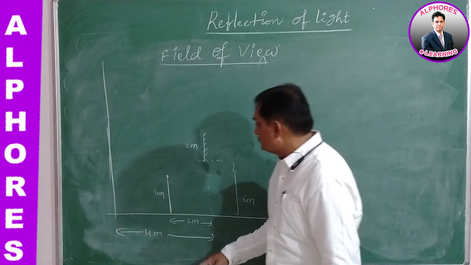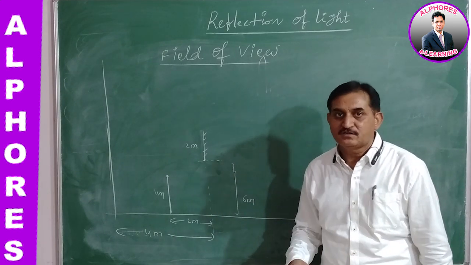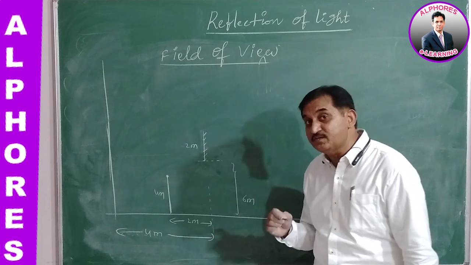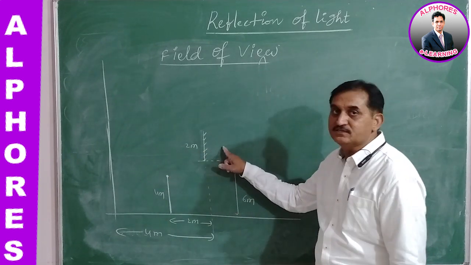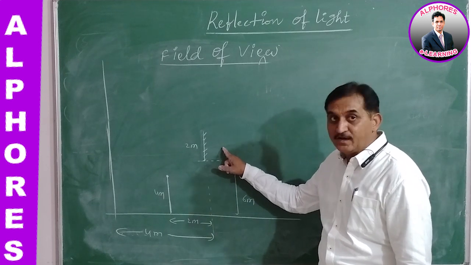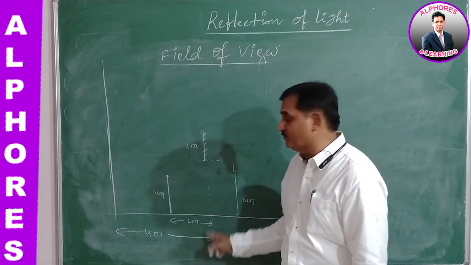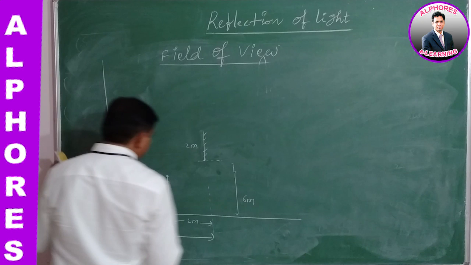The question is, up to what maximum and minimum heights can the image of the object be seen? Which image? The tip of the pole. Its image can be seen in the plane mirror by an observer standing at a distance of 4 meters from the plane mirror shown in the diagram. Right? Let us find this.